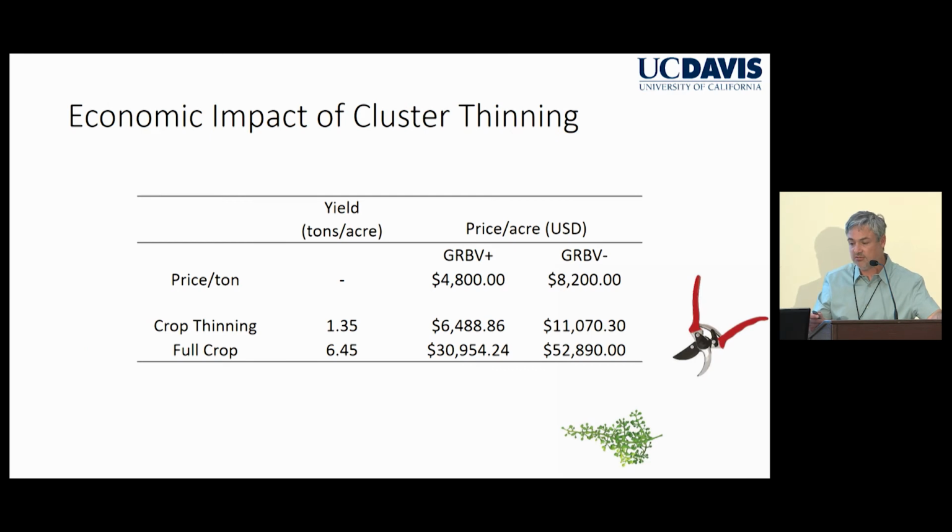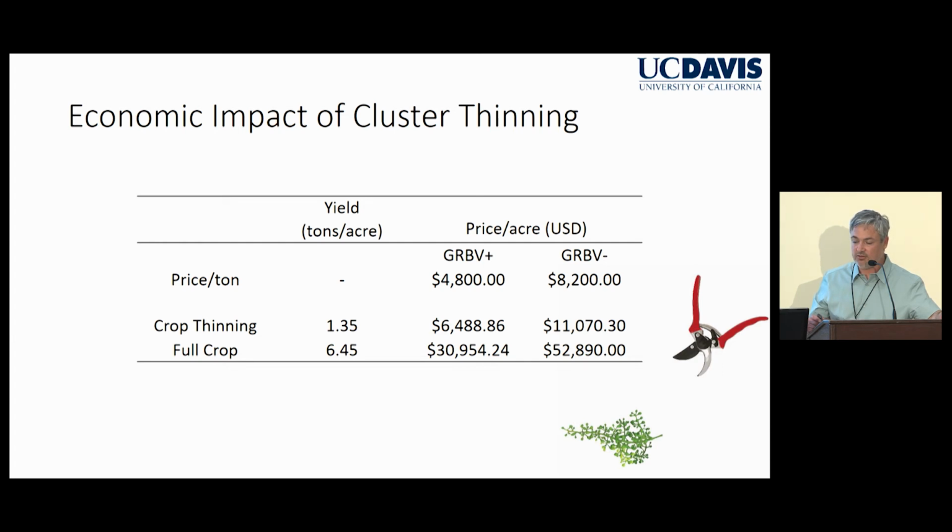So what does this mean to growers who get paid for fruit? Extrapolating the yields that we got and the price penalties that we've seen in Oakville for red blotch infected vines, they can have a huge influence on the amount of money that you're able to put in your pocket as a grower. We're looking at a price penalty of $4,800 for red blotch infected compared to $8,200 for fruit from clean vines.